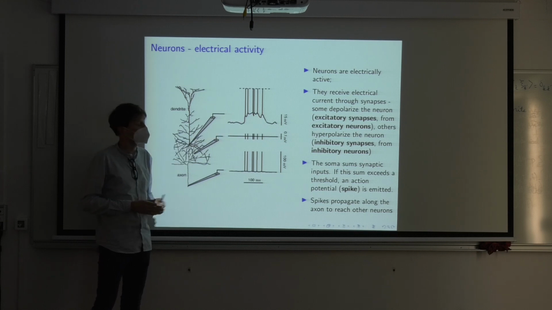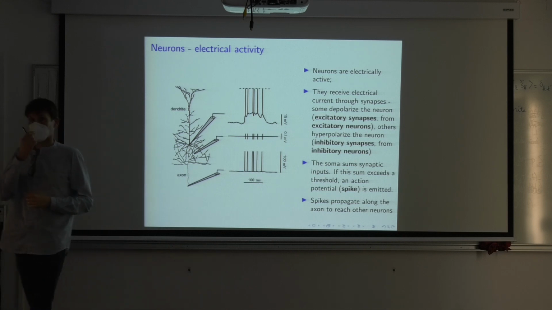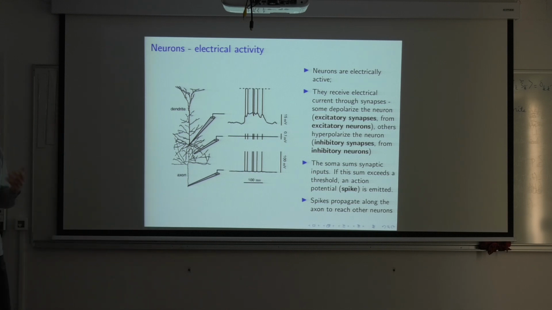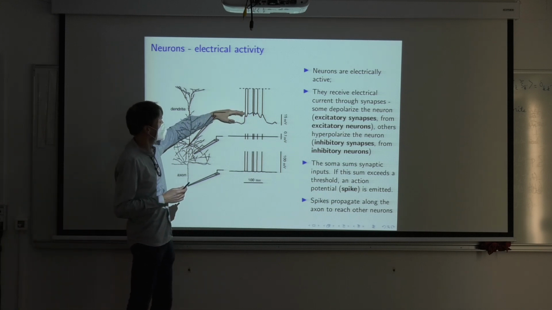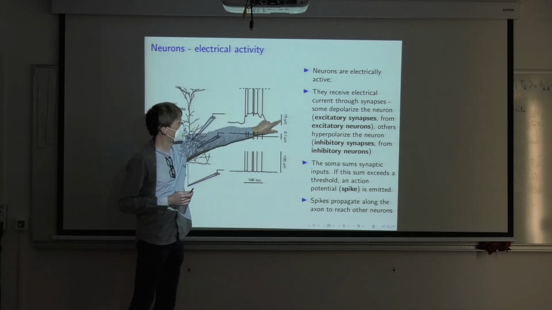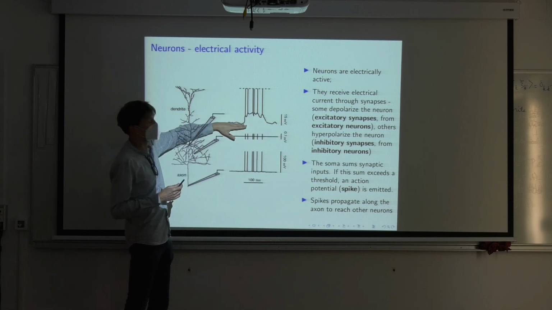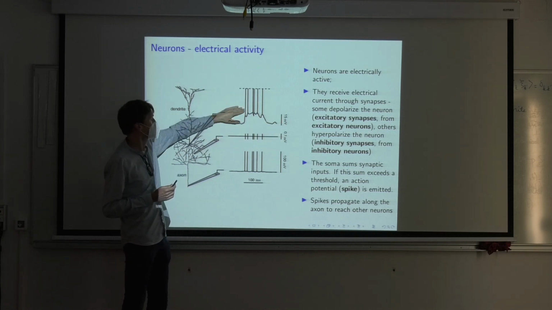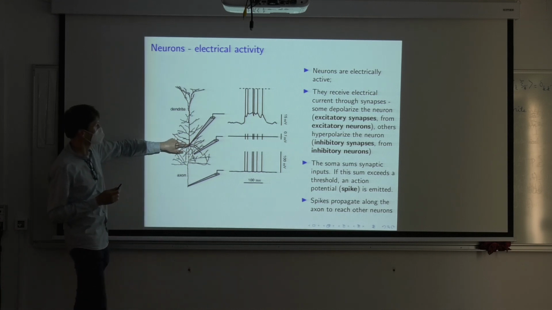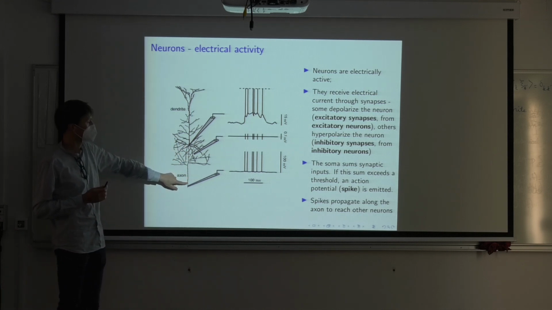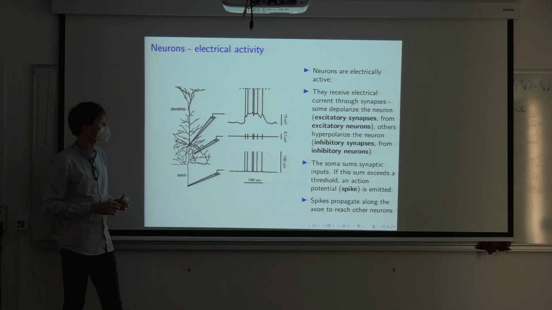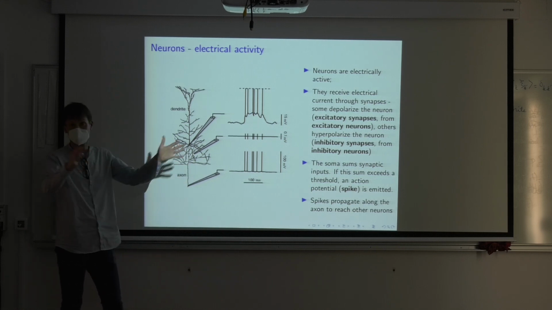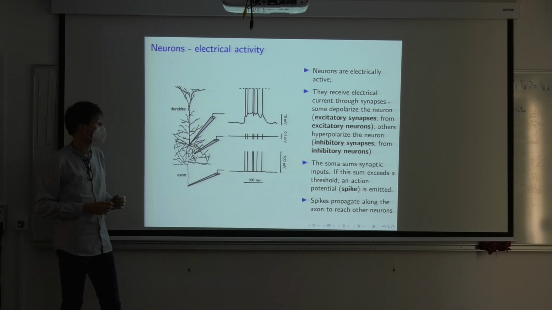And then there is this dramatic event that happens, which is called an action potential. If the membrane potential is above some threshold, which is typically about 15 millivolts from the resting membrane potential of the neuron, then there is this action potential that will propagate down the axon and activate other target neurons.